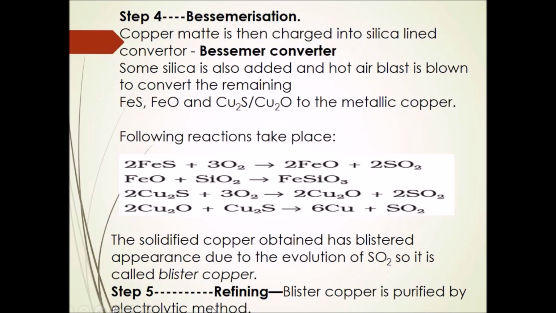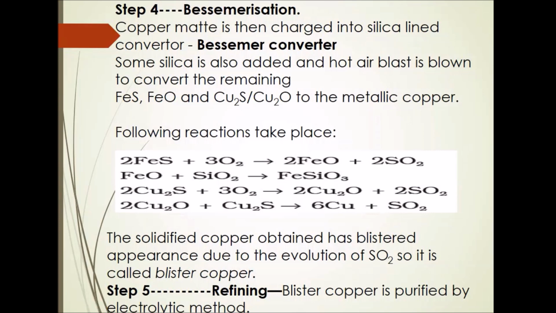What is the electrolytic method of refining? Quickly check the third video where we have discussed the different processes of refining. Okay, so this is the process of extraction of copper, and this is how 100% pure copper is extracted from the ore of copper pyrites.